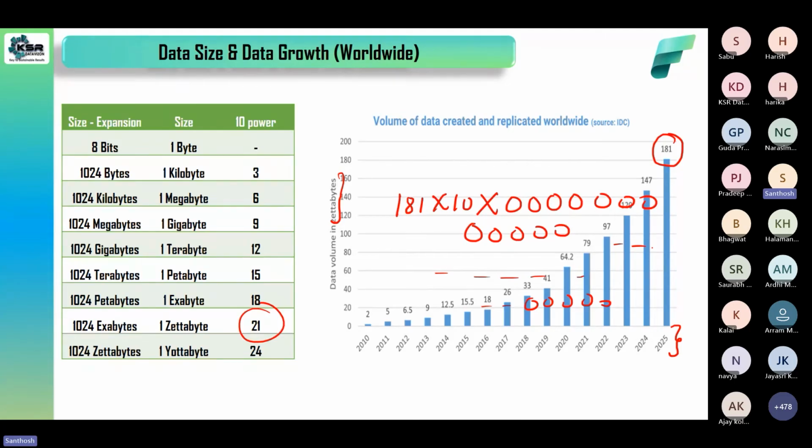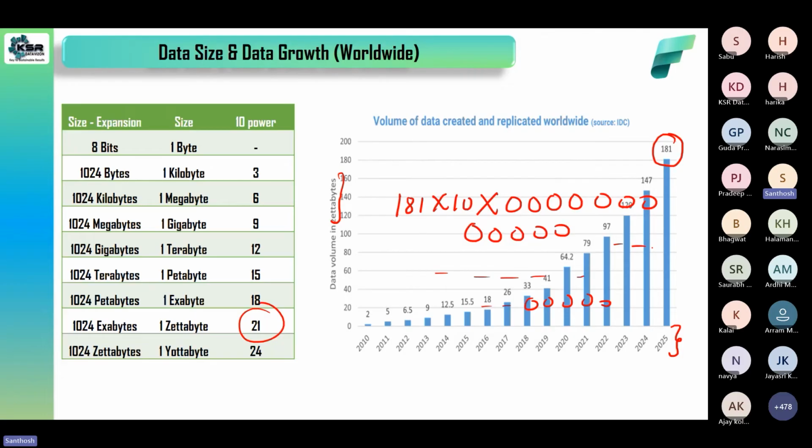Same way, I am talking about KSR's data somewhere in South India, somewhere in Bangalore South. We have an institute maintaining student information of 15,000 plus. I'm thinking about an elephant. The worldwide data as of today is 181 zettabyte. Where can I go and store all of this?